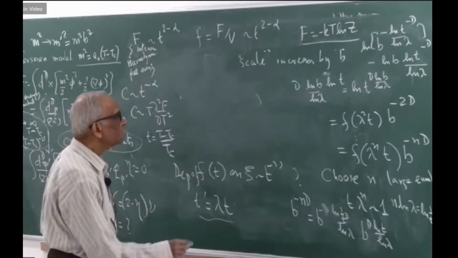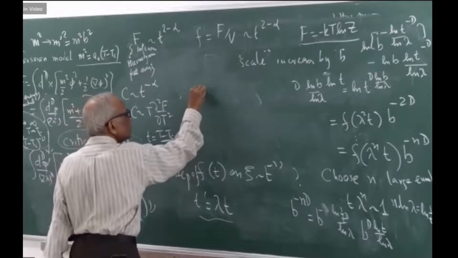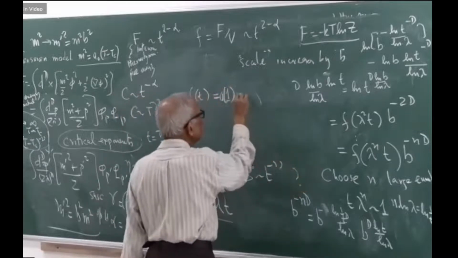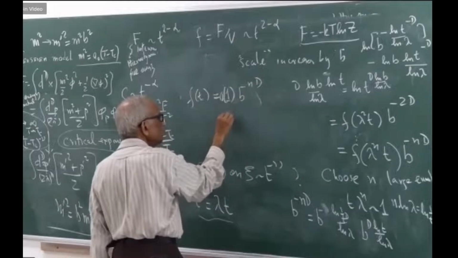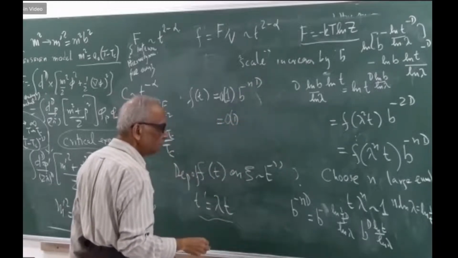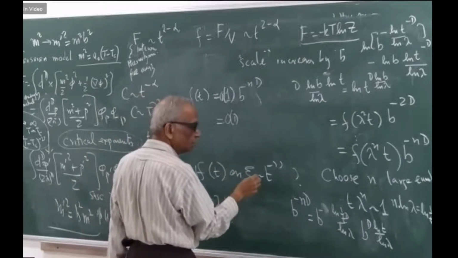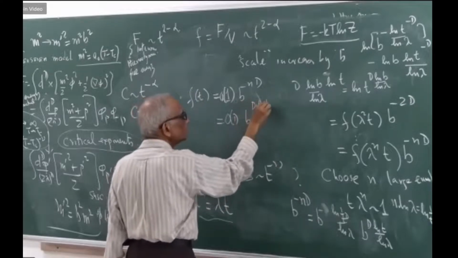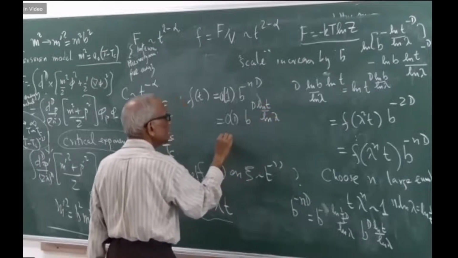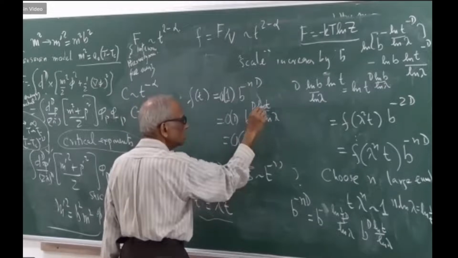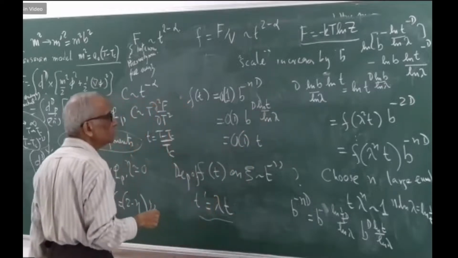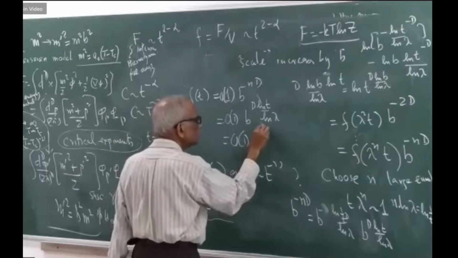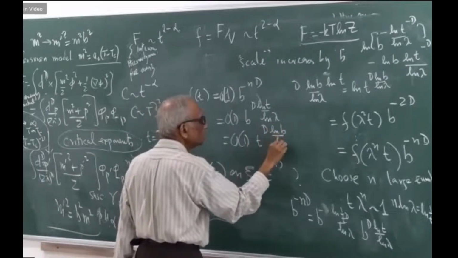At the end of the day I have f of t equal to something which is a number of order unity, b to the power minus nd, and then it is b to the power d log t divided by log lambda, which is an order 1 quantity, and then it is t to the power d log b divided by log lambda.